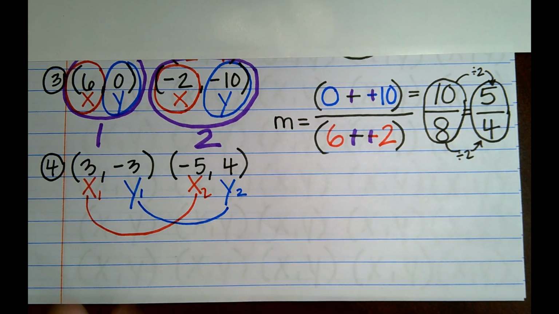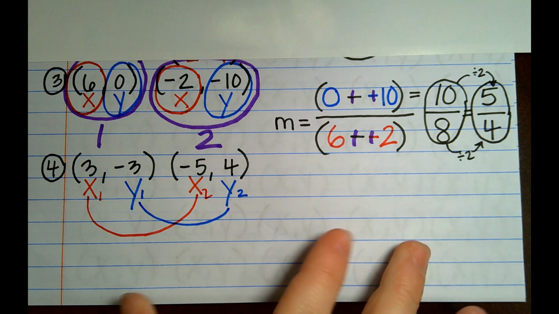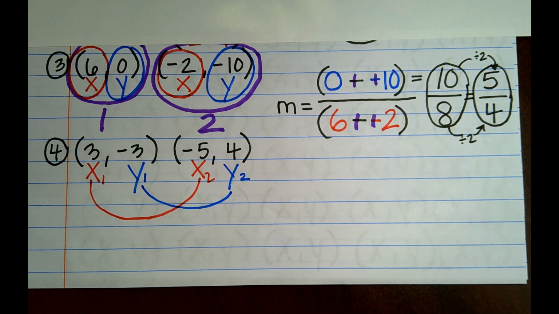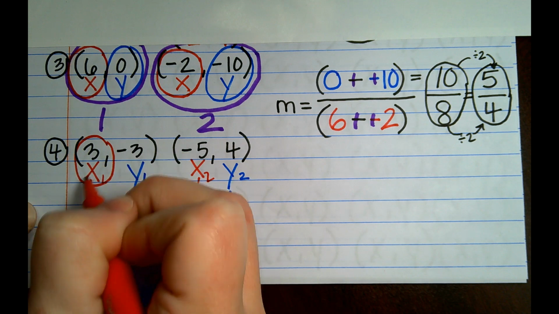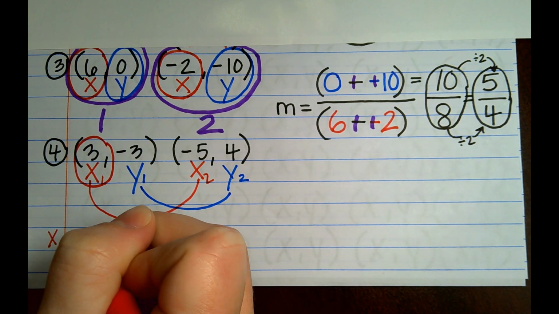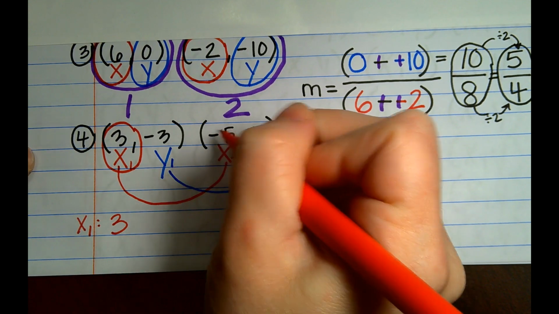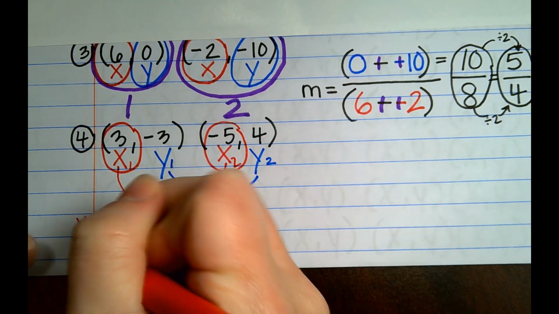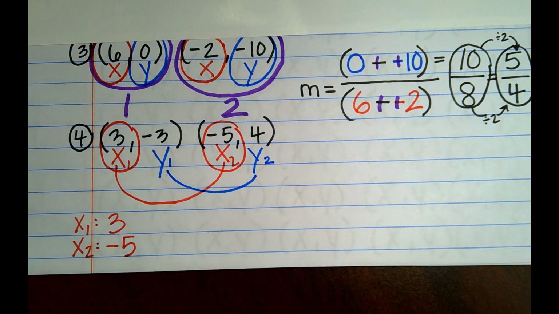We could even, instead of keeping them in parentheses and just labeling them, pull them out. I know x1 is here, so I'm going to write x1 is 3, and then my x2 is negative 5. Okay, so I've got those together.